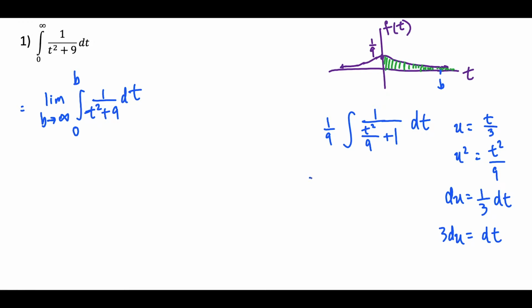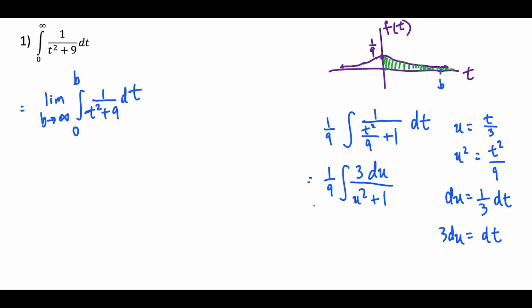So we do a little bit more substituting here, and we're going to have 1/9 times the integral, where dt is equal to 3 times du. So that's going to go up top in the numerator. And then t squared over 9 is u squared, and then plus 1. And we should recognize this as the integral for tangent inverse.